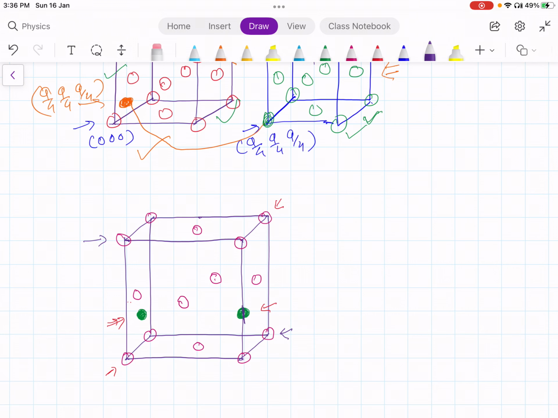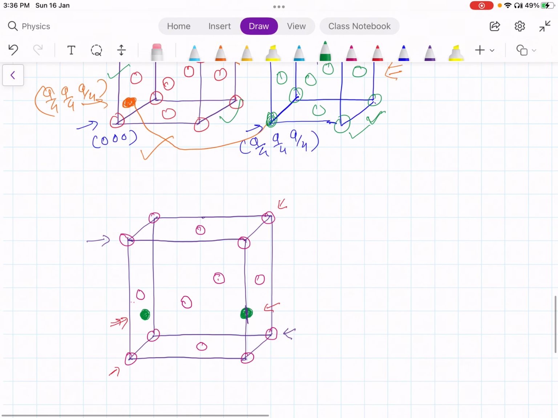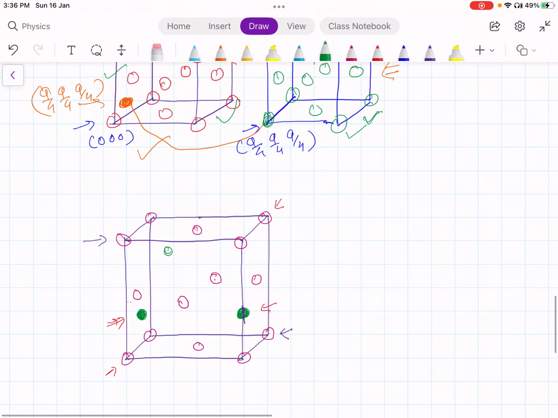Then there is an atom over here, and that carbon atom is along the body diagonal drawn from this backside atom to this front side atom.